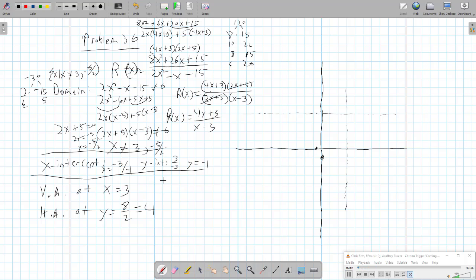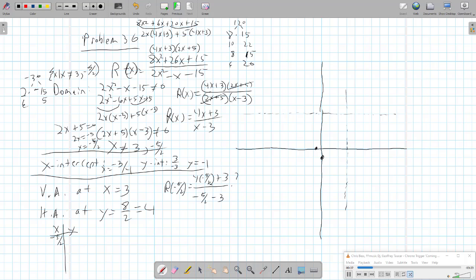And lastly, I'm also going to look at a very specific point. I'm going to look at -5/2. We don't have a point there, but we're going to have an empty point there. So if I plug into this, r of -5/2, we will get 4 times -5/2 over -5/2 minus 3.